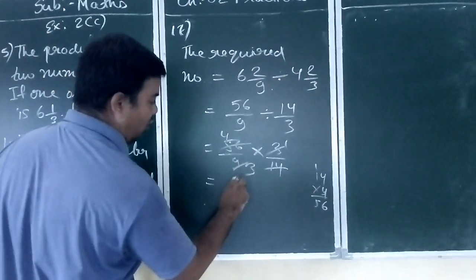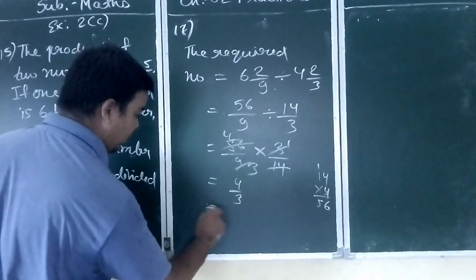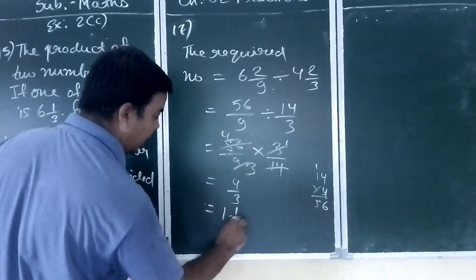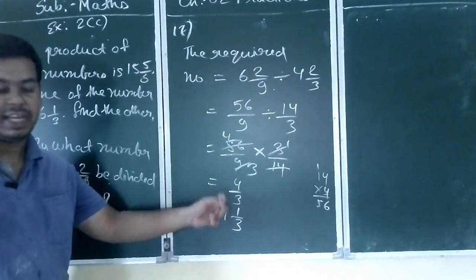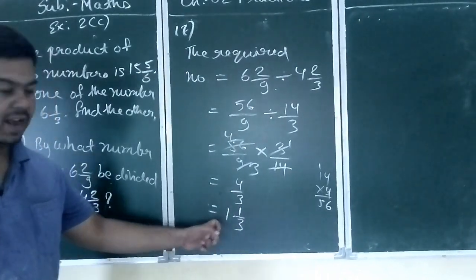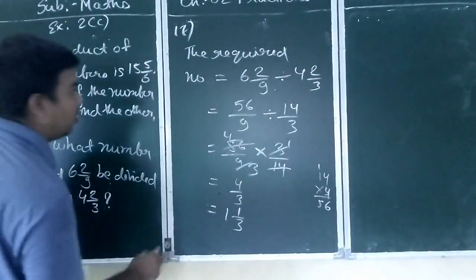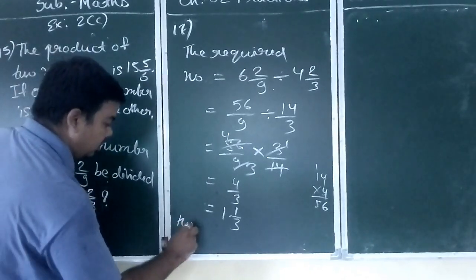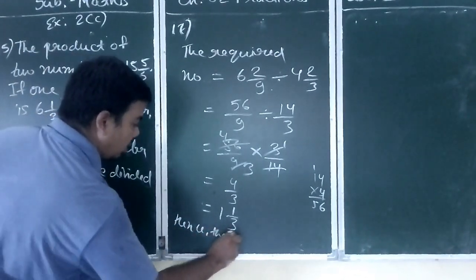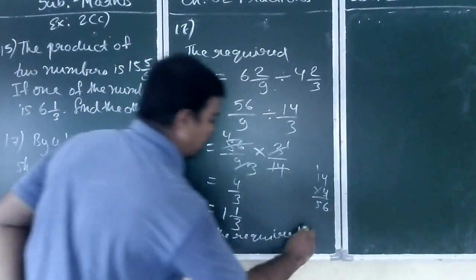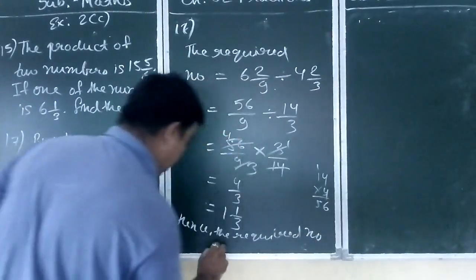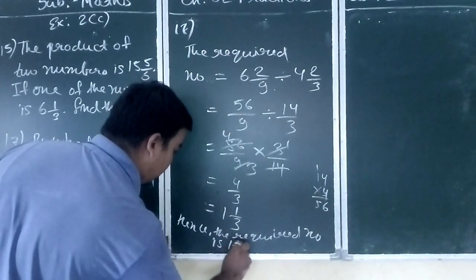The answer is 4 by 3. 4 by 3 means 1 1/3. Improper fraction changes into a mixed fraction. So now, hence, the required number is 1 1/3.